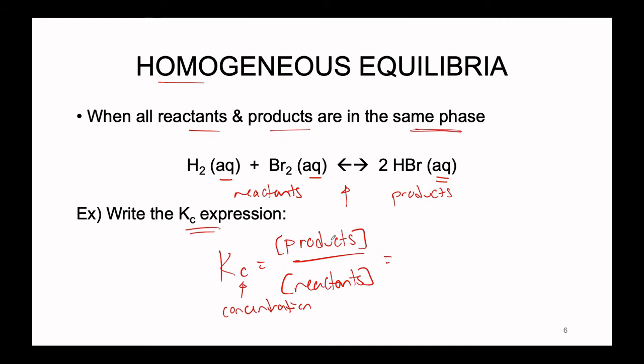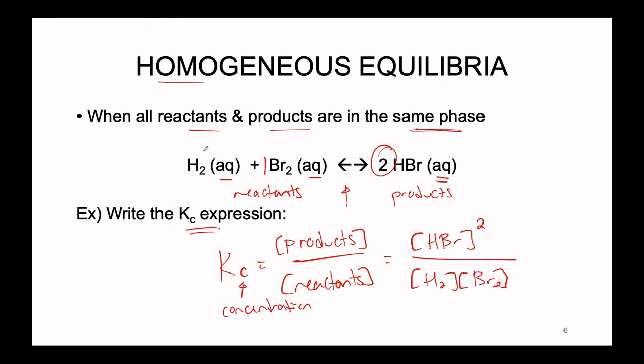So this is going to be equal to concentration of products divided by concentration of reactants ratio. So here we have a concentration of our one product being HBr, and we're going to raise this concentration to the 2, since there is a 2 in front of the HBr. The reactant concentrations are going to be H2 times Br2.